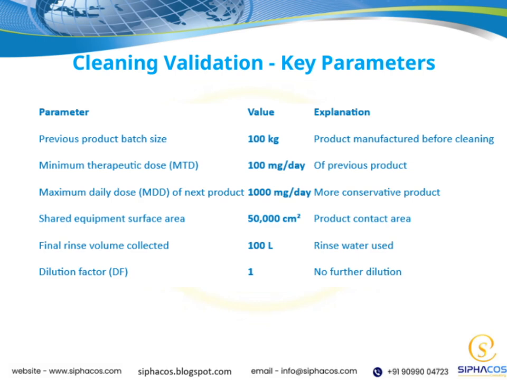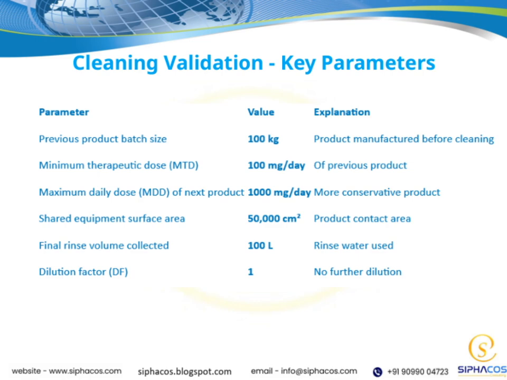Then, there's analytical methods, which refer to the specific tests used to detect residues. These methods must be validated for accuracy, sensitivity, and reliability. Another key parameter is frequency of validation, meaning how often we perform these checks.